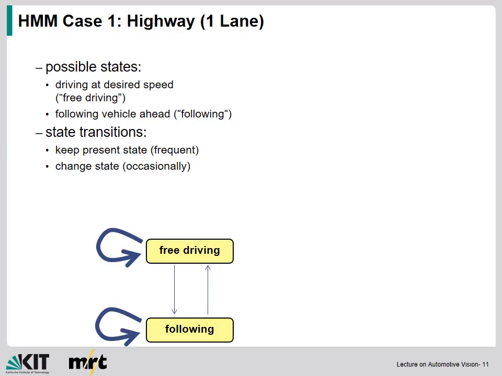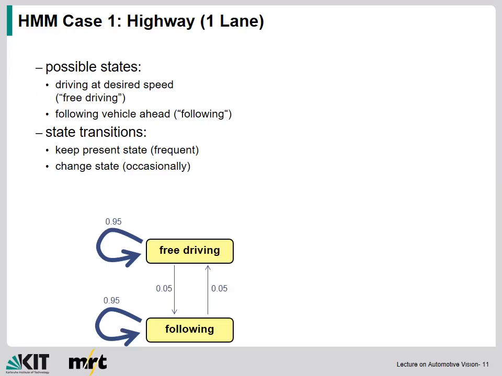And of course, if we are considering the behavior at such a set of discrete points in time, it is most likely that the vehicle stays in its present mode. And therefore these reflexive arrows are so thick, because we want to express that the most likely transition is the transition to the same state that we are currently in.